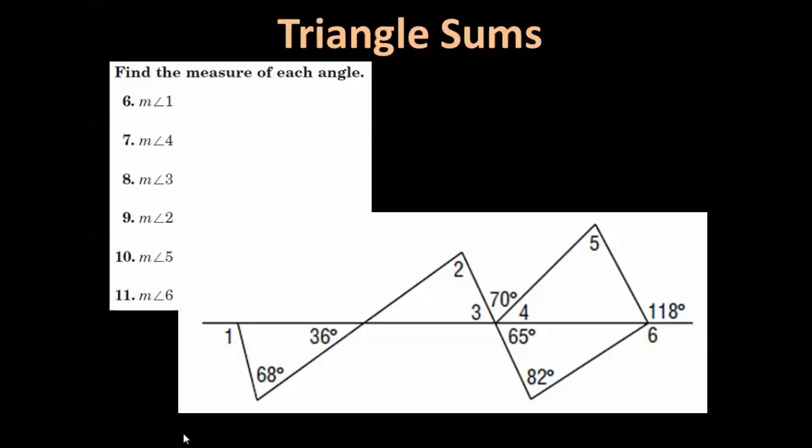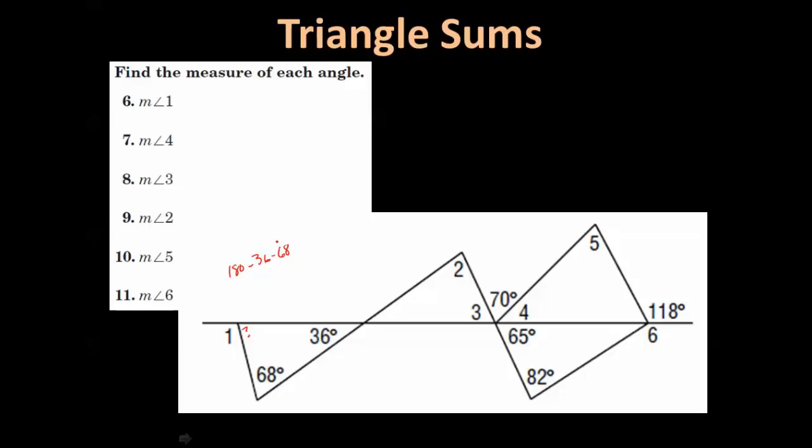Now then, this one says find the measure of each angle, and they want to know the measure of 1, 2, 3, 4, 5, and 6. To find the measure of angle 1, I have to use the triangle sum theorem to figure out the measure of this angle. So you're just going to take 180 minus 36 minus 68.